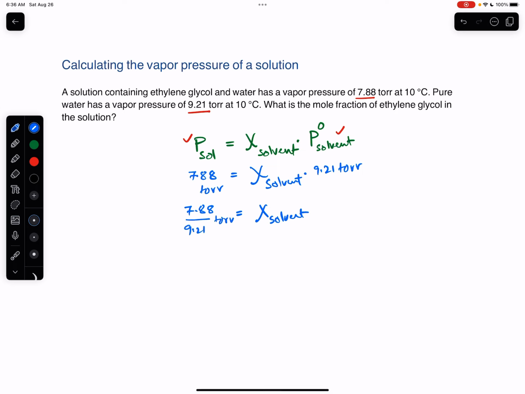The reason for that is because I have to divide both sides by 9.21 torr.